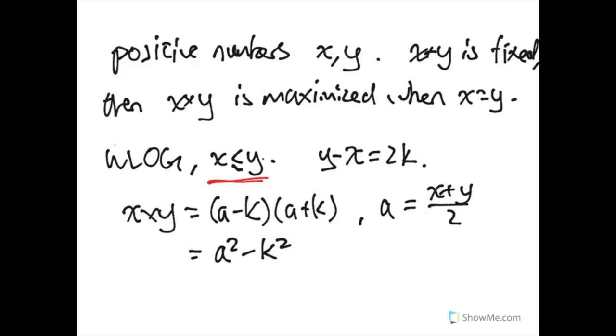And so k squared is always non-negative, which means that this is at most a squared.